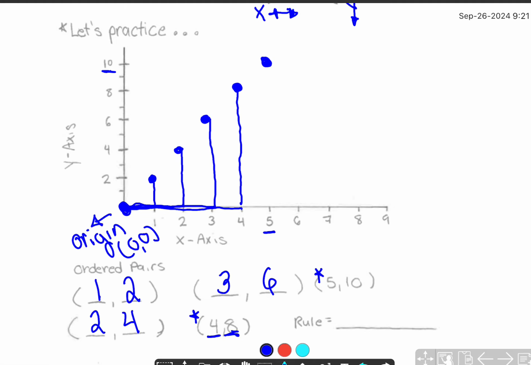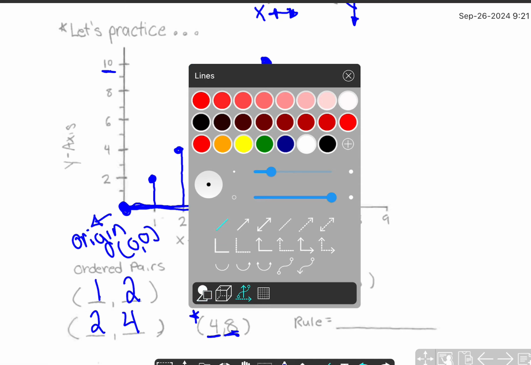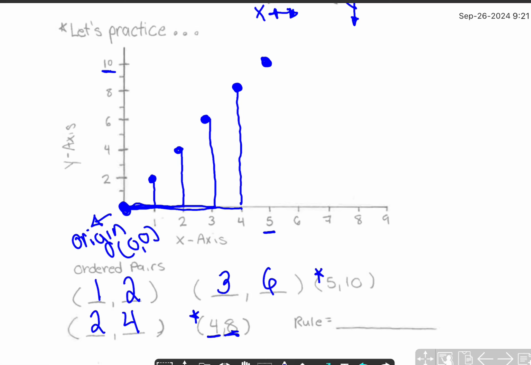What you're probably noticing is that all of these points start here and make a pretty straight line that goes on and on forever. And if our next one was at 6, it would be over here. Now we have to figure out a rule that all of these numbers follow.